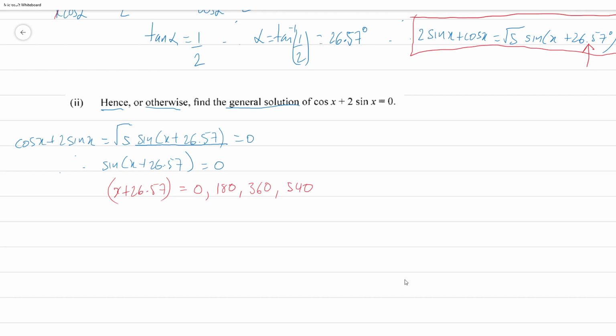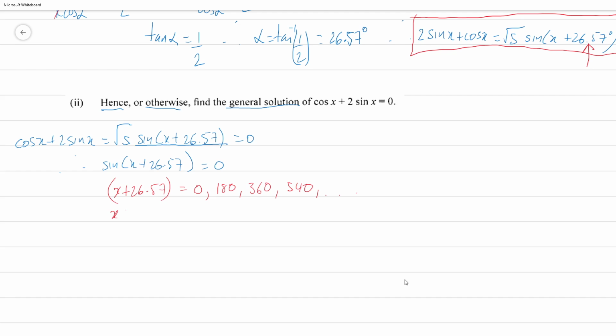How did I get 540? Well, if you add 180 to 360, you would get 540. And then it goes on. So we want this general solution that will satisfy all the scenarios where we have the sine of this expression equal to 0. So this goes on because it's periodic, it's cyclic.